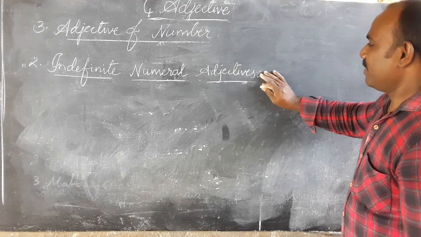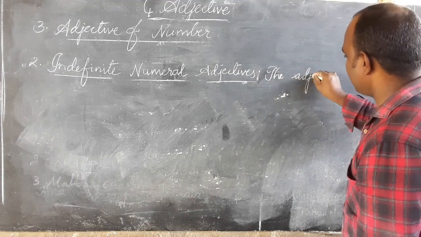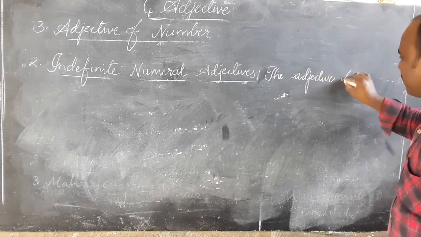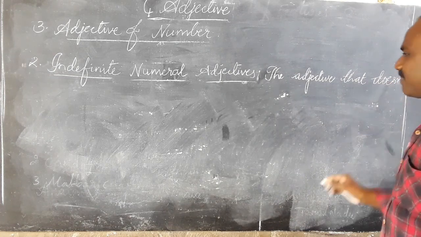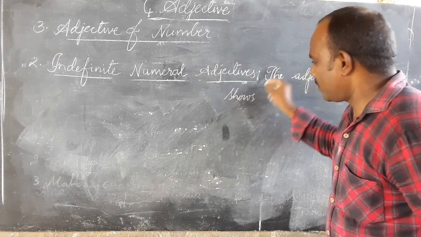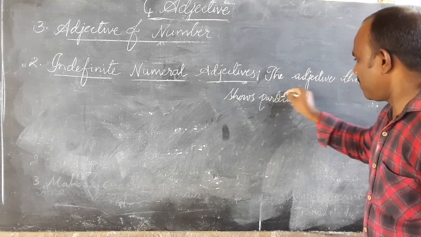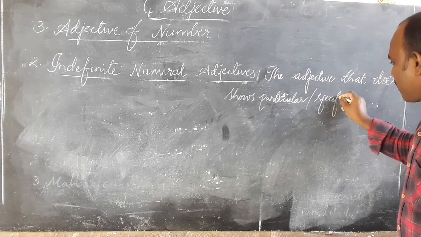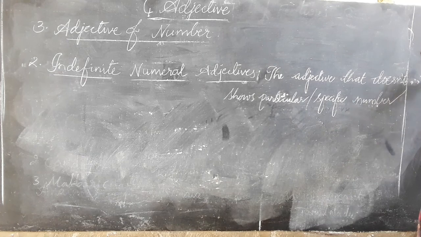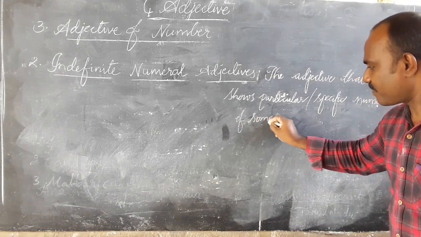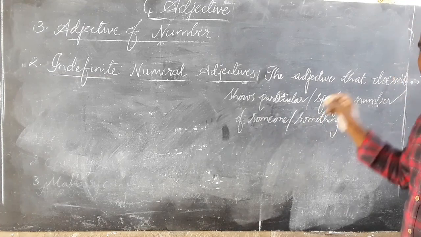For example, see, the word or the adjective that doesn't show a particular or specific number of someone or something.